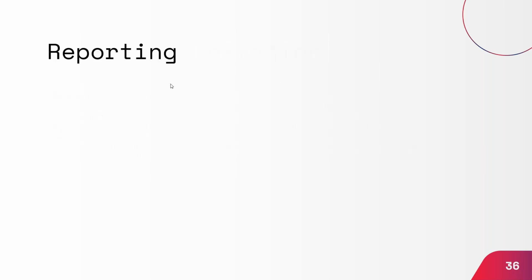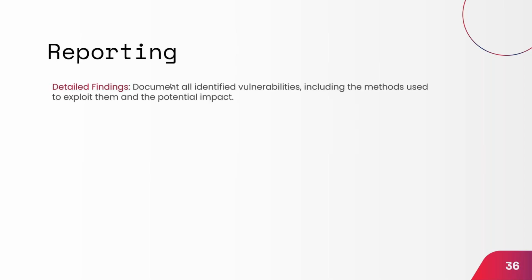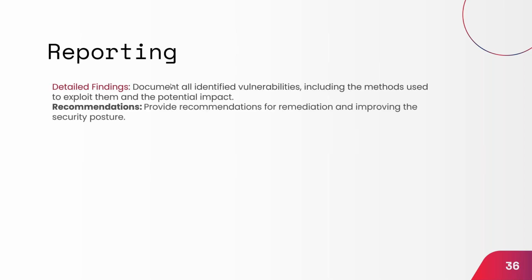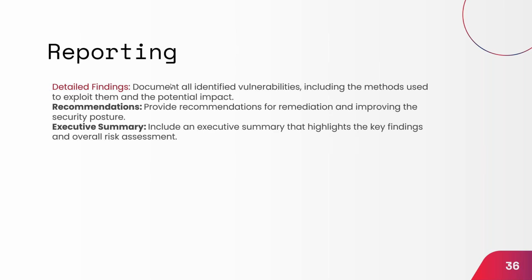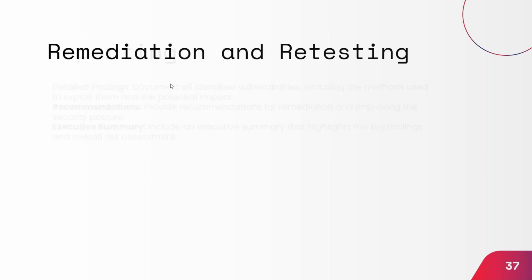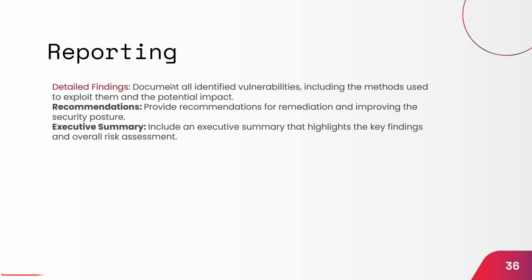Once identification of vulnerability, exploitation, and post exploitation are done, we capture every step with screenshots, and we create a detailed report with all the recommendations and provide the executive summary and all. Okay, so mostly we create a technical report, right?